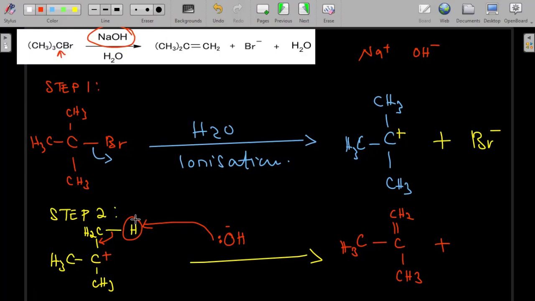When this H is grabbed by the OH minus, you form water, and then plus this guy here, which is Br minus. Okay, so this guy here is the same as this guy. So we've shown how these products are made by writing the reaction mechanism. Okay, so this step here is called the faster step, and this one here was the slow one, which was the rate determining step. So that's the reaction mechanism for this reaction that we wrote there.